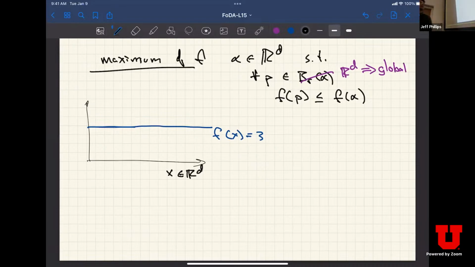Every value is going to be exactly 3. So at which points is there going to be a minimum here? Or is there going to be a maximum? What's going on here?